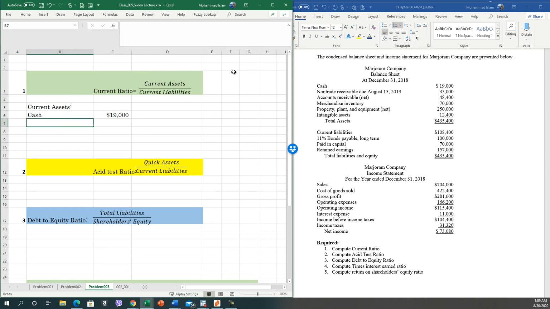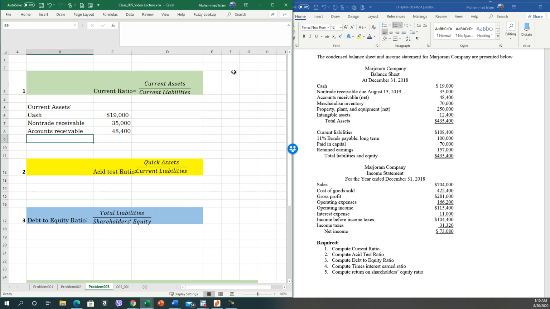Then we have non-trade receivables, that is 35,000. Then accounts receivable, that is 48,400.